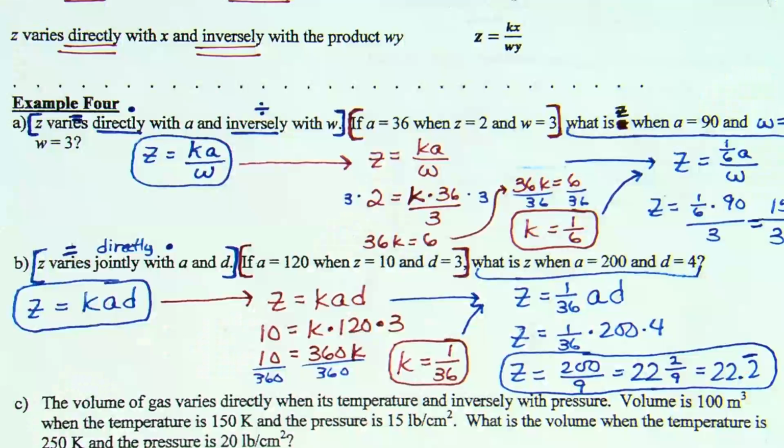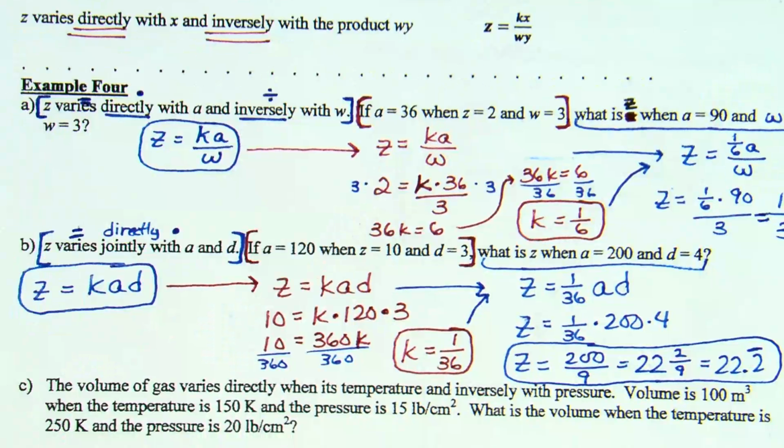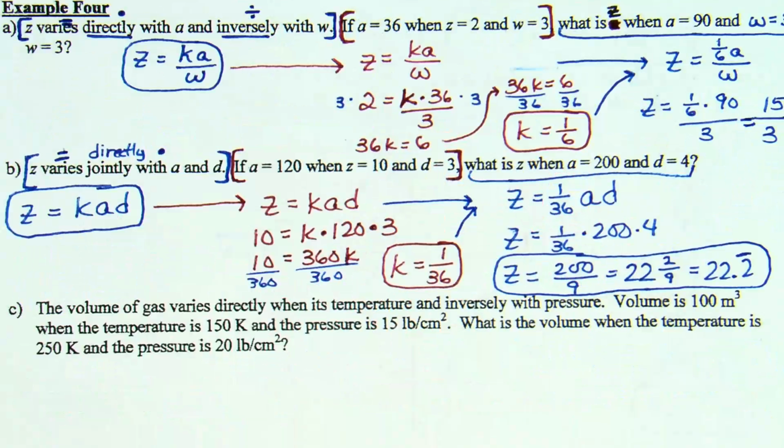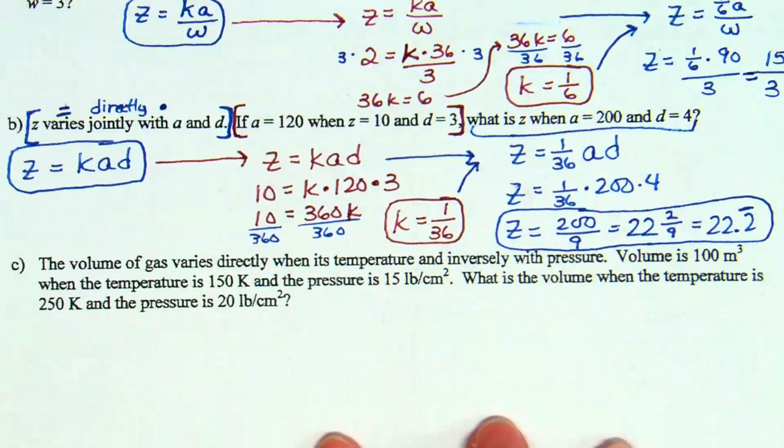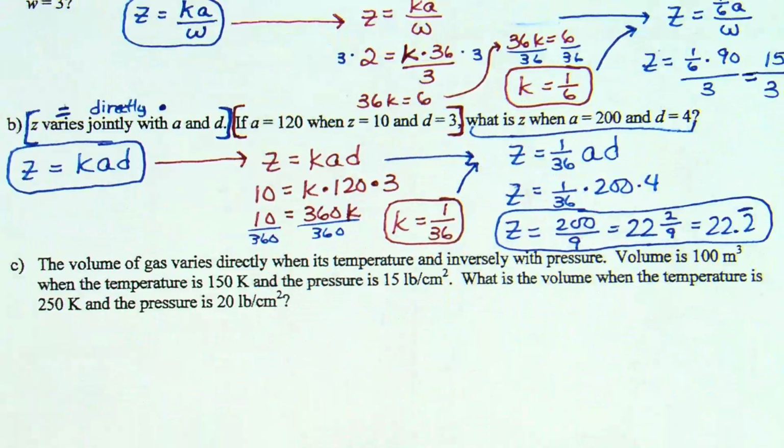One more. These are word problems we've just been doing, but this is more the word problem application, right? Let's do it. The volume of gas varies directly, and right there's your connection, folks.